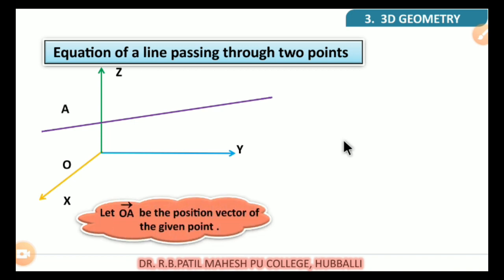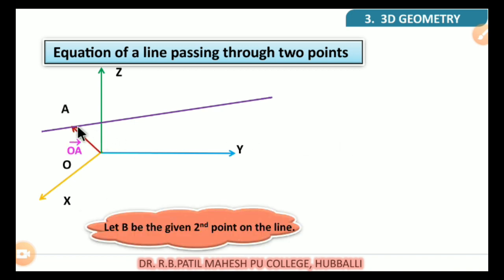Therefore, OA is the position vector of the point on this line.